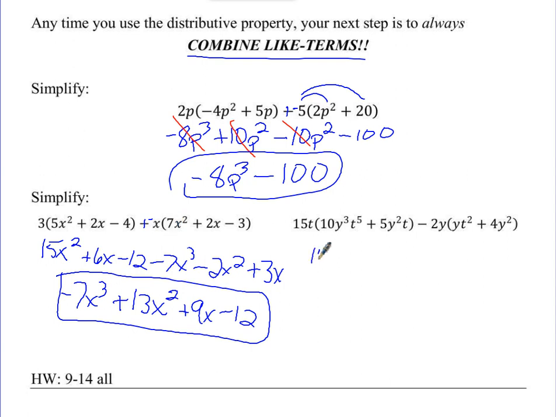That's t times y to the third, t to the fifth. So what do we get? Y to the third, t to the sixth. What happened?